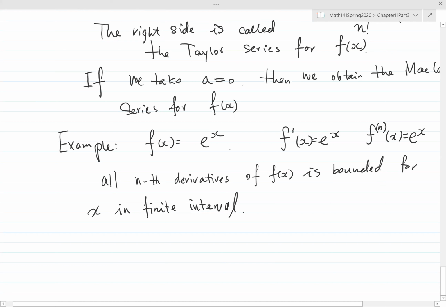Let's see, it's the Maclaurin series. The nth derivative of f at 0 is e to the 0, which is 1.